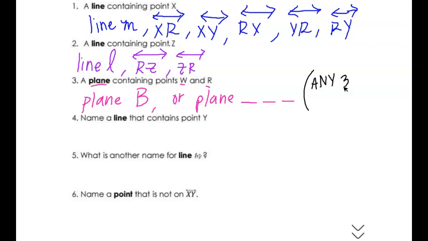What does it say? Non-collinear. Any three non-collinear. You gotta read the definitions, otherwise you're gonna get it wrong. So what are three non-collinear points we could name in this plane?